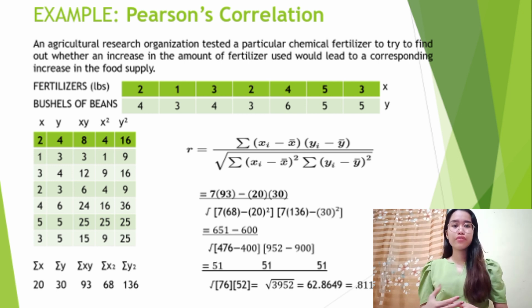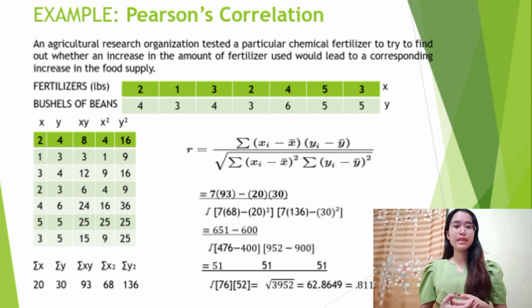Now let's move to the formula for r, the correlation coefficient. R is n times the sum of x times y, take away the sum of x times the sum of y. We are going to divide that, and the denominator will be n times the sum of x squared, take away the sum of x, and when you have the sum of x, then square it all.